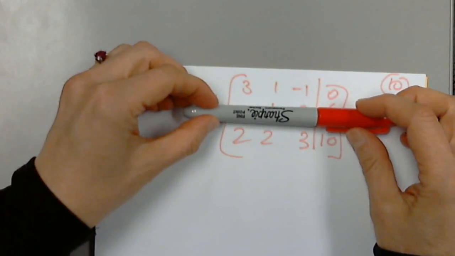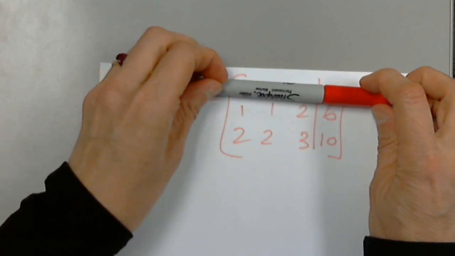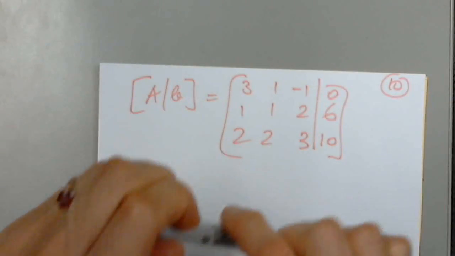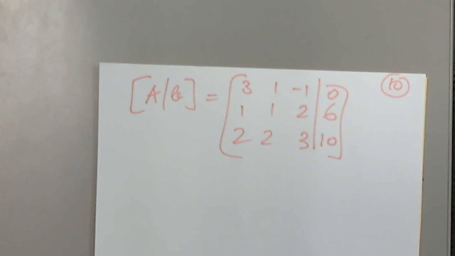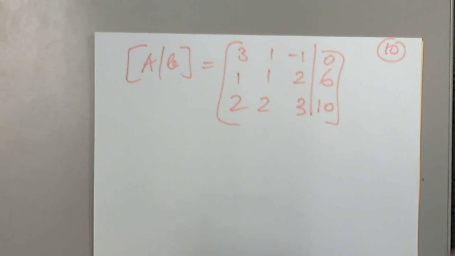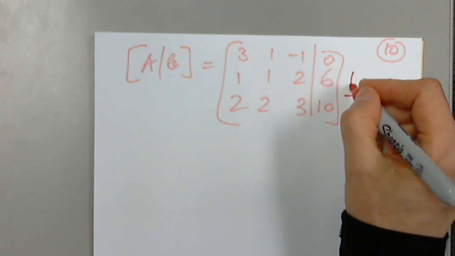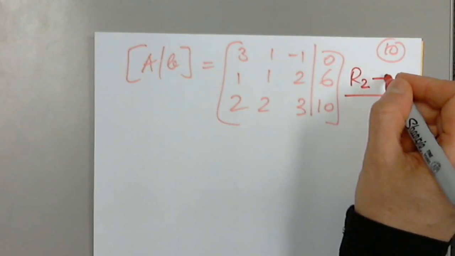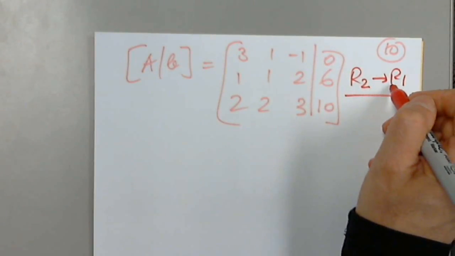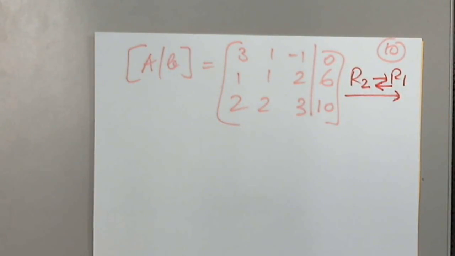Indeed, I'm going to make this row the first row and this row the second row. It's one of the allowed operations and it doesn't change anything. Perfect, awesome. So R2 becomes R1 and R1 becomes R2.